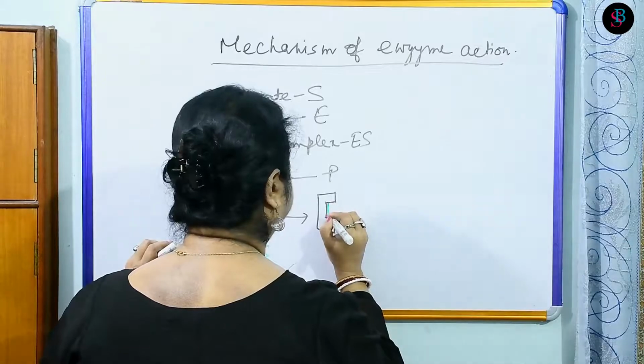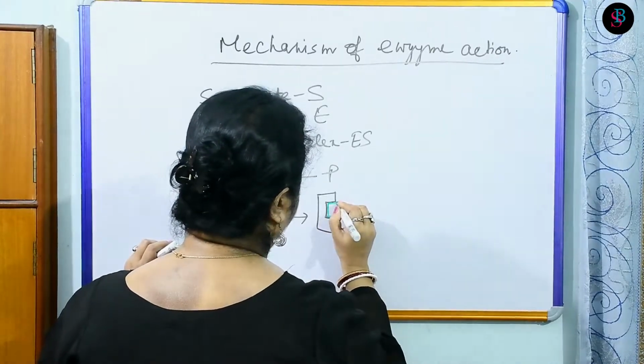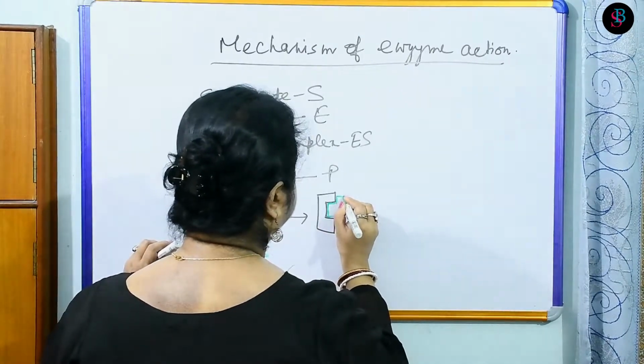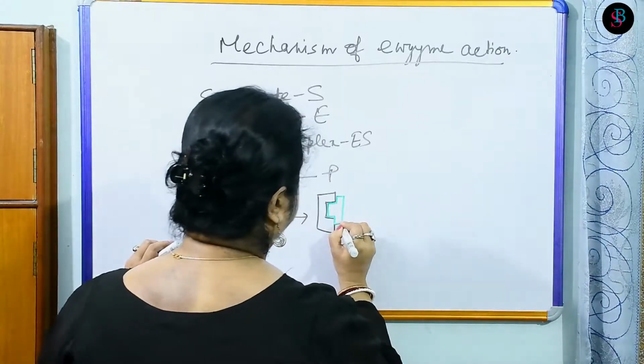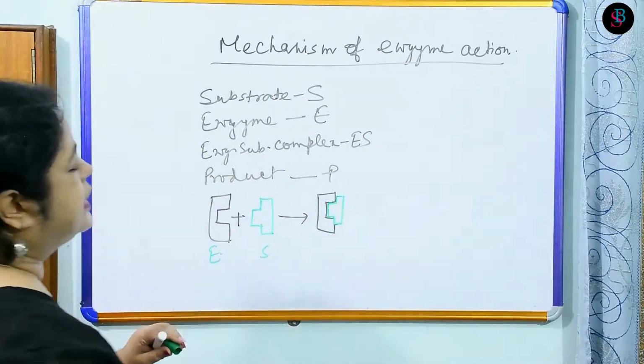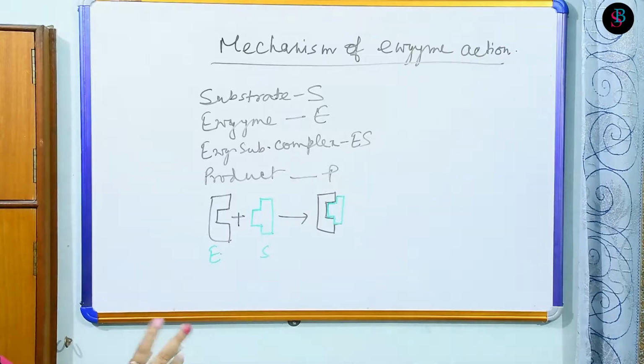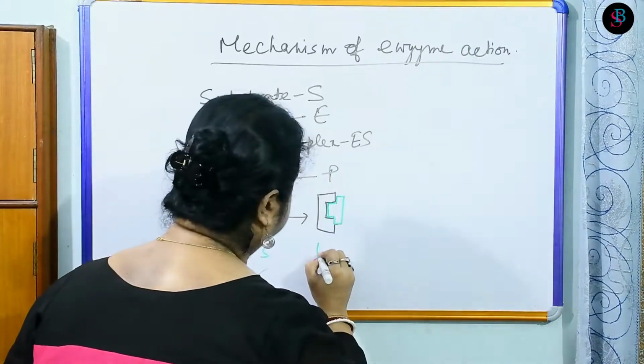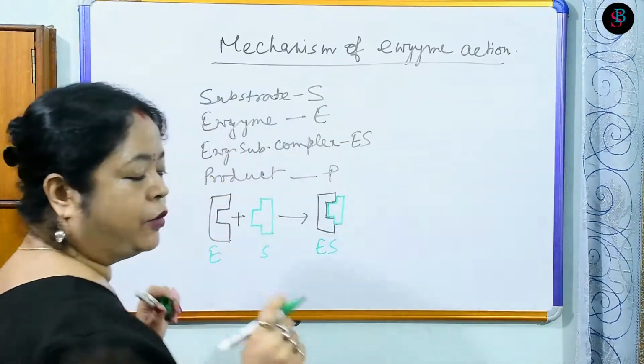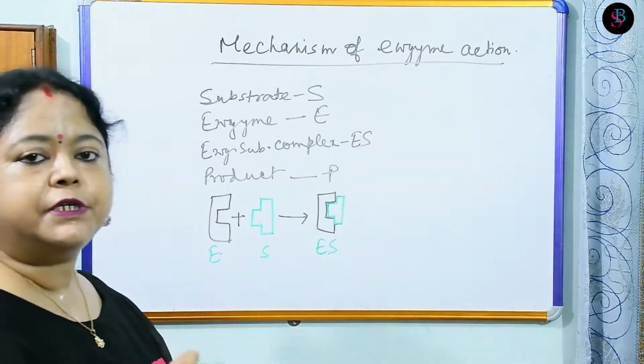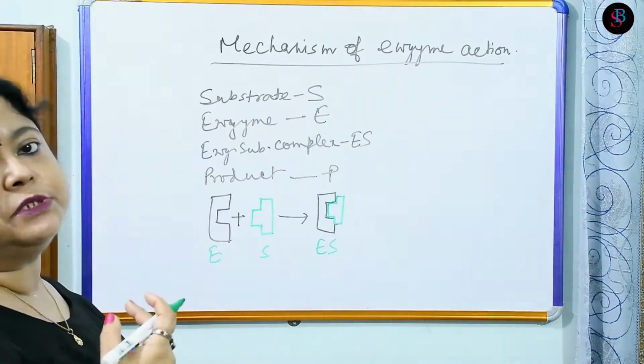This close proximity is very much required for the breaking of the bond of substrate. So the enzyme has to catalyze this by breaking the bond of the substrate, and that's only possible when the substrate is in close proximation with the enzyme.